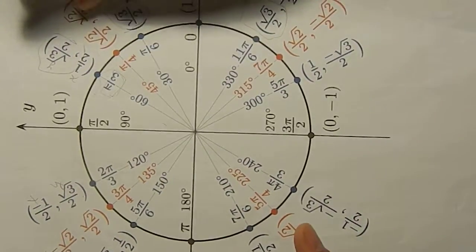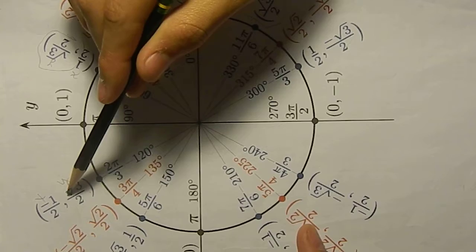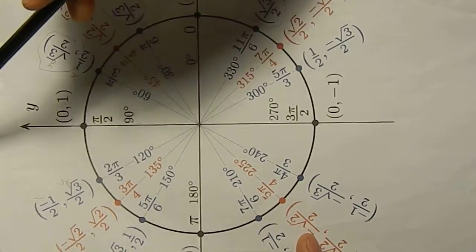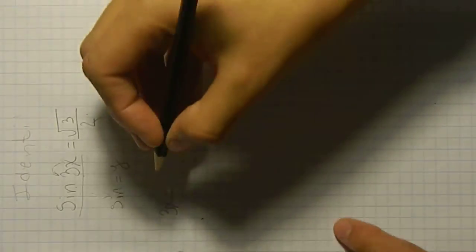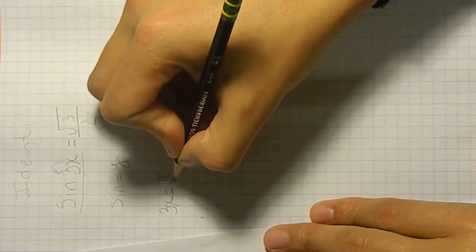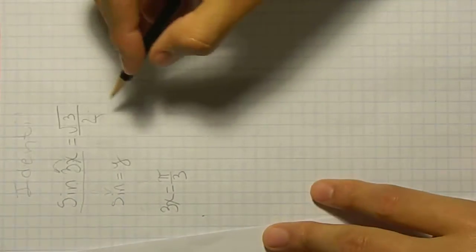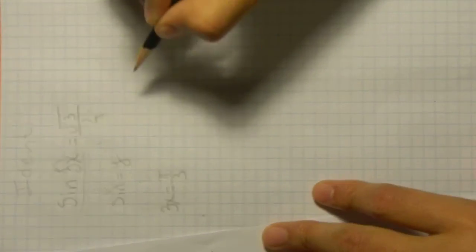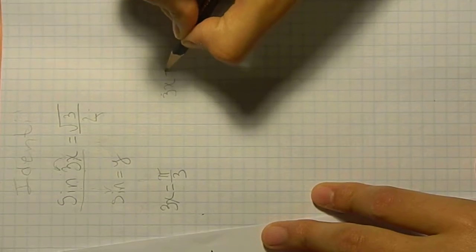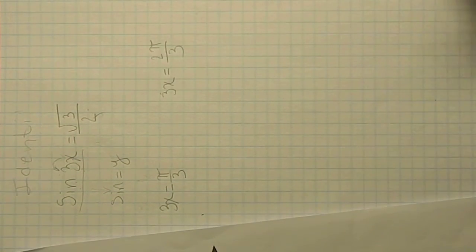Those are the only two values that make sine equal to square root of 3 divided by 2, right? So we're going to say 3x equal to pi divided by 3, and another equation, 3x equal to 2 pi divided by 3.